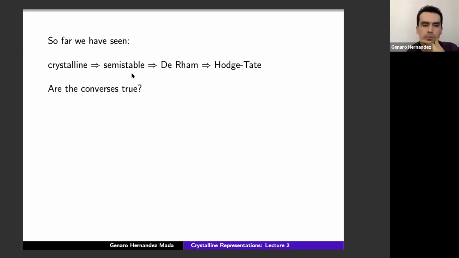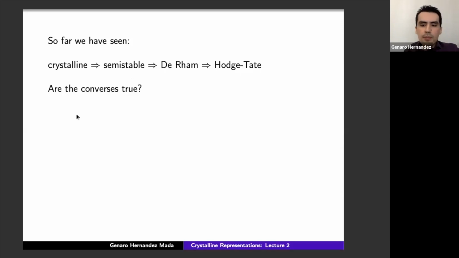So if we have a variety with semi-stable reduction, for example, that doesn't have good reduction, then that would give us a semi-stable representation that is not crystalline. So we turn this question into a geometric one, right?